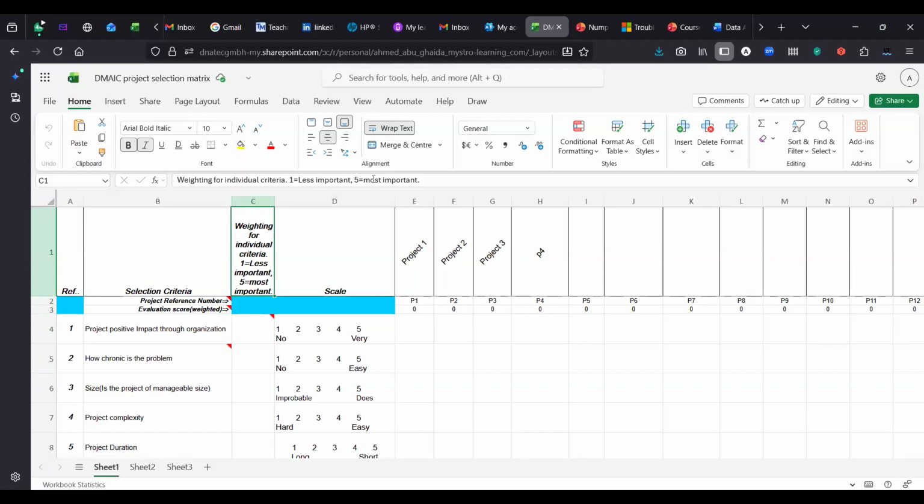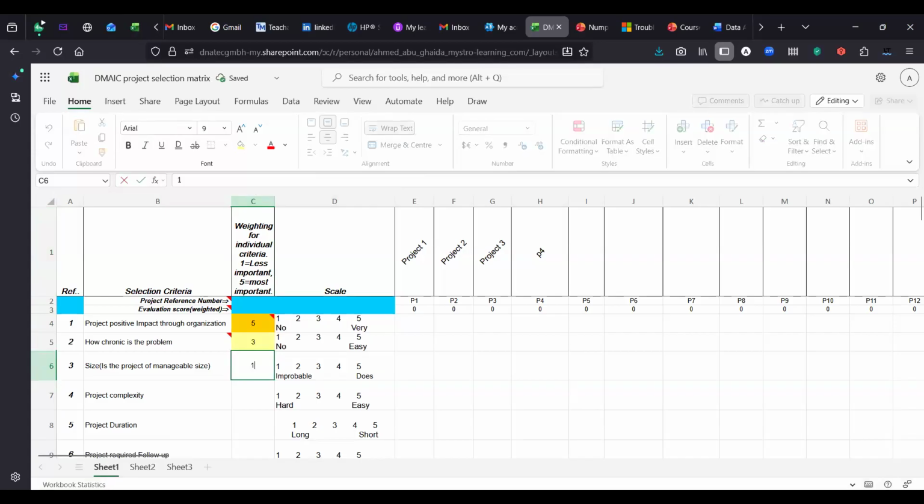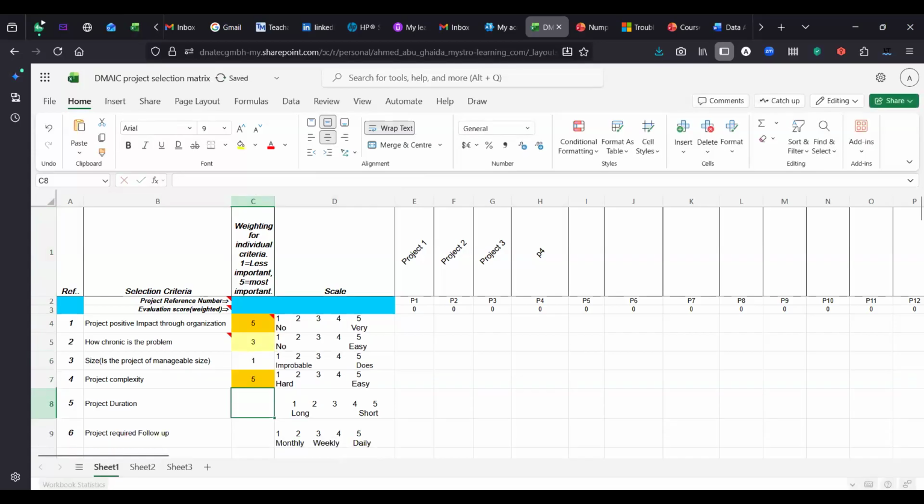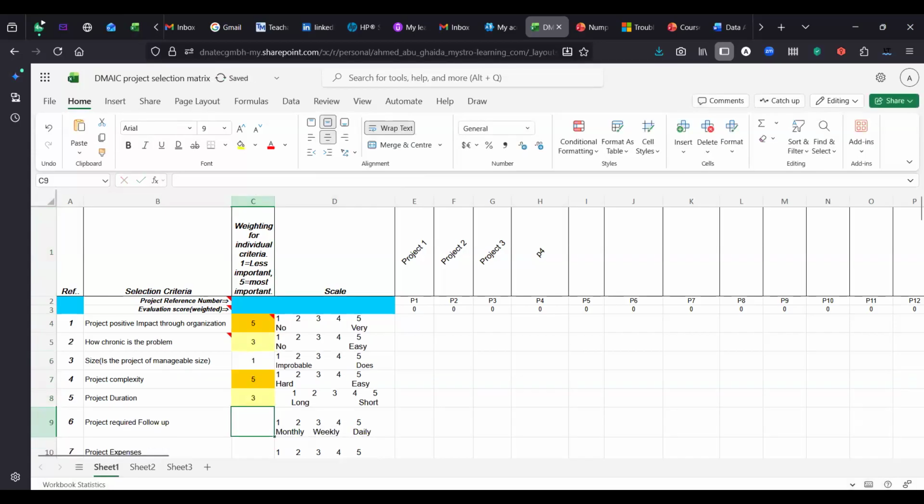So simply, again, I'm taking input from the stakeholders, from the management. I will go one by one and ask them the same question on a scale of 1, 3, 5: give me. So maybe they will give here 5, here 3, here 1, and here 5, and so on. Then another 3, and so on. So again, this is input from them, not from the Six Sigma team or Six Sigma team leader.